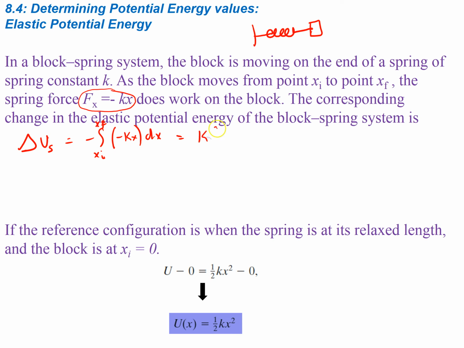So we have k times the integral from xi to xf of x dx, which is just going to be equal to 1/2 k x squared, with the limits xf to xi.